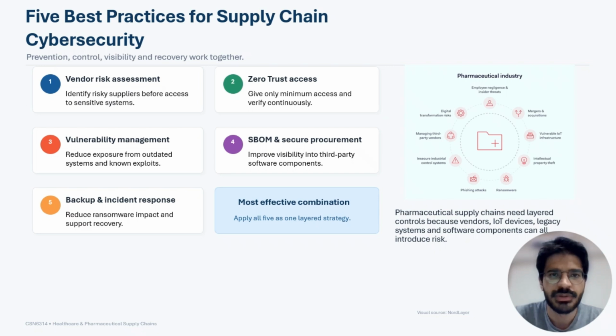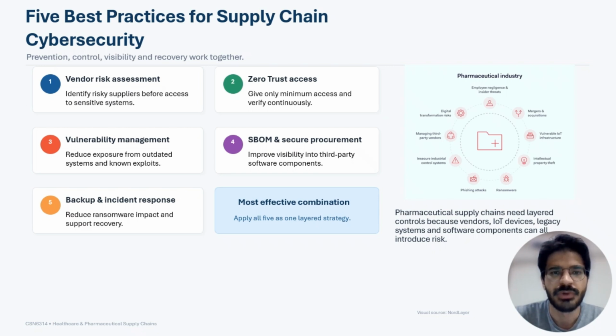For this part, I identified 5 important cybersecurity best practices. The first is vendor risk assessment, which helps identify risky suppliers before they access critical systems. Secondly is zero trust access control, where vendors only receive the minimum access required.